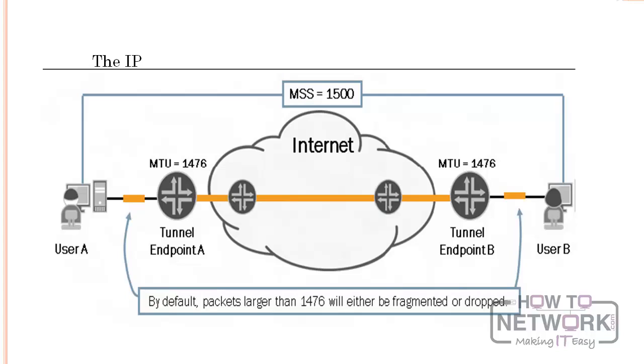In a situation like this, if either host sends a packet that is larger than 1476, the packet must be fragmented, typically by one of the tunnel endpoints, to cross the tunnel. Unfortunately, the hosts do not realize this fact, because they only communicate with one another and agree upon the 1500 value.